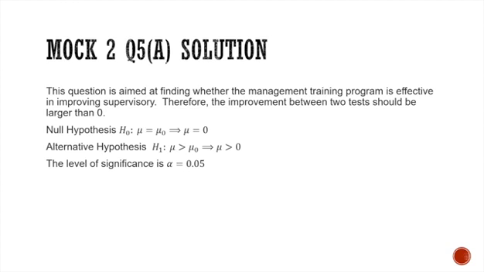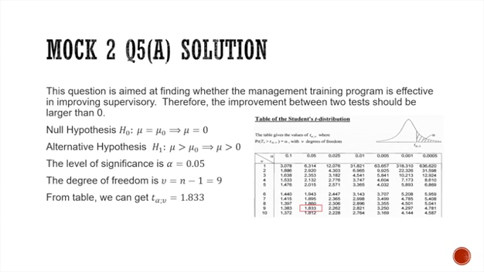Next, select the appropriate test statistic and establish the critical region. From the problem, we find that the degree of freedom is v equals n minus 1, which is 9. And from the table, with v equal to 9 and alpha equal to 0.05, t equals 1.833.